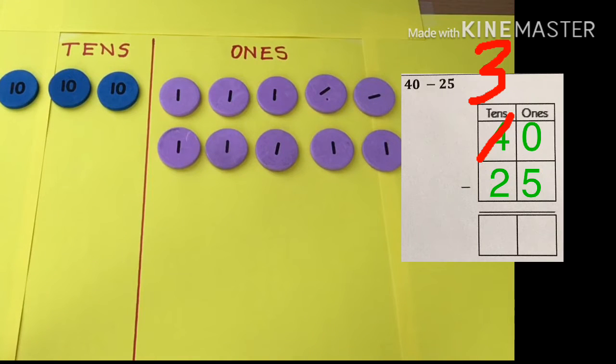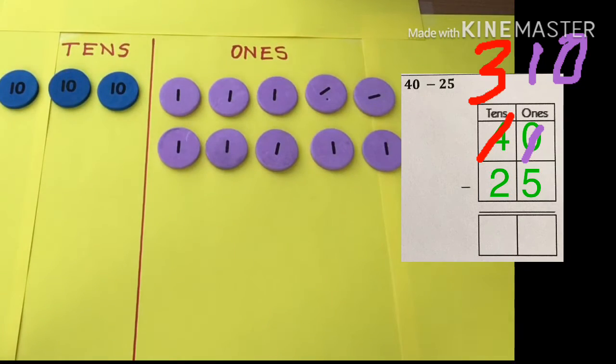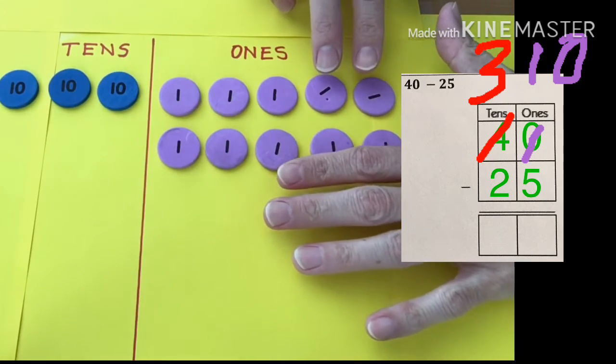And now, look what I have to do to the 0. Is it still a 0? No, now it is a 10. Okay, now I can subtract 5 from 10. And I'm going to go ahead and do that right now. I could subtract one row of 5, but I'm going to go ahead and do this.